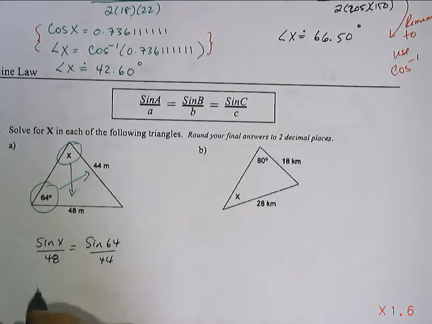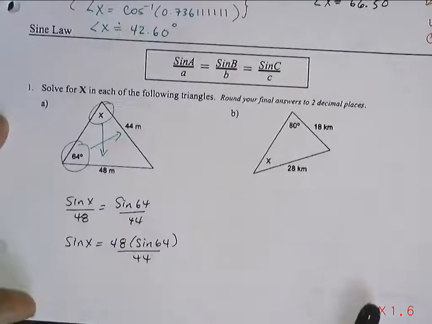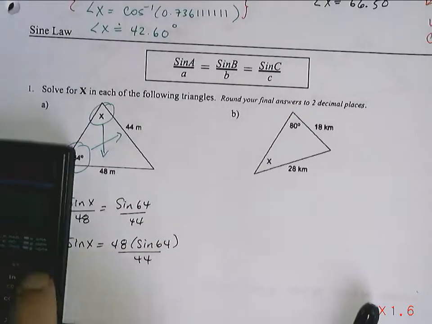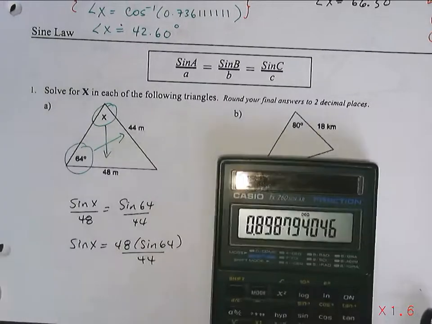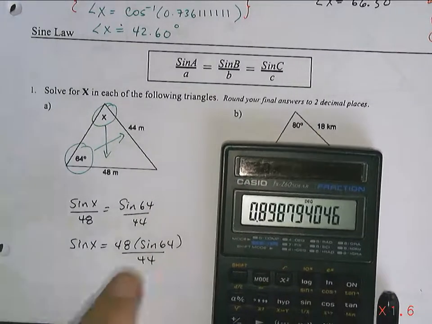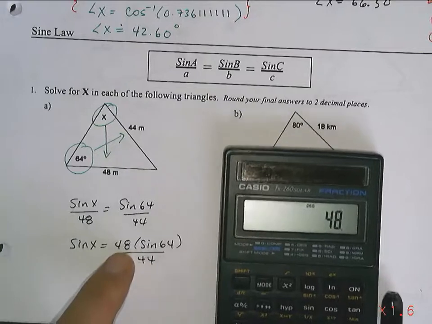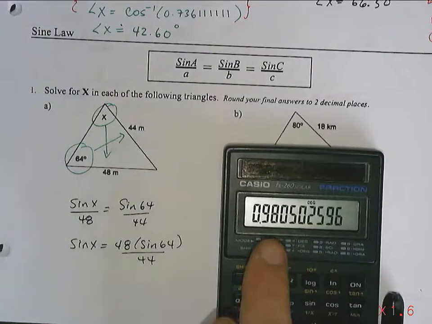Now we're going to cross multiply. Sine x equals 48 times sine 64 divided by 44. Grab a calculator. 64 sine is that decimal. I'll bring it over here so you can see it. So let me do that again. 64 sine is that decimal, times 48 equals, divided by 44 equals, but that's a decimal.